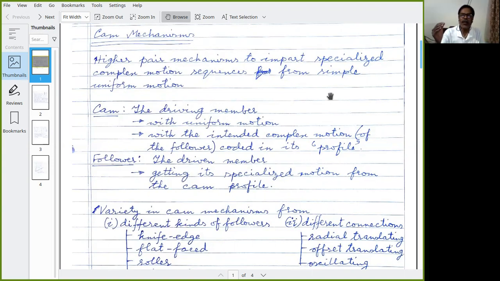And during the rest of the cycle, it does not.